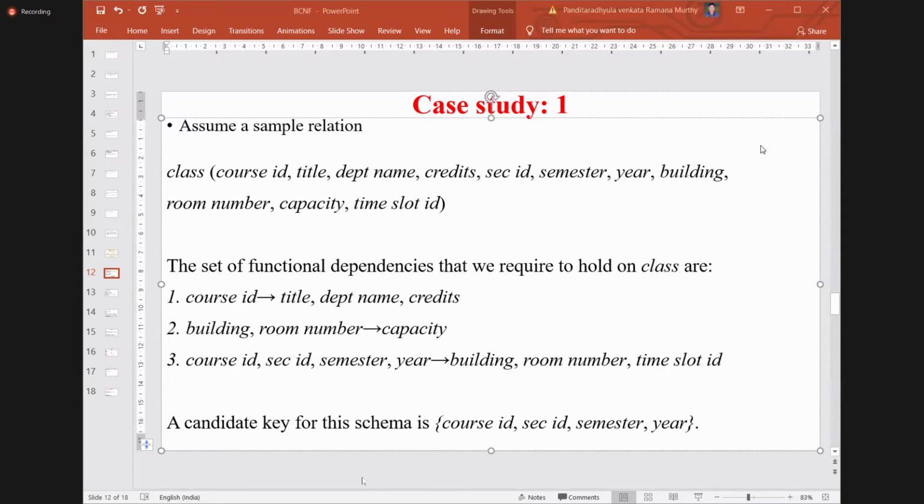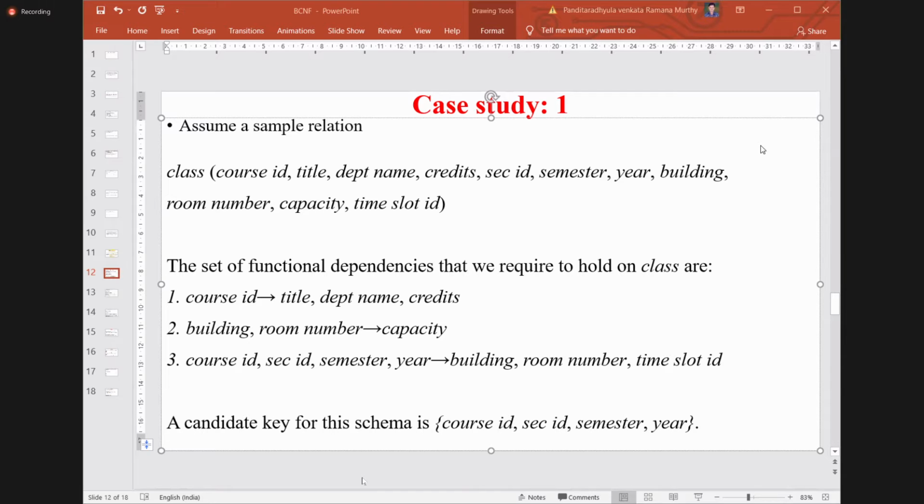But section ID is not related to the course. Section ID is the set of students who took that particular course. Section ID is not related to course ID directly. Similarly, semester and year also, because the course ID represents all semesters, all years, so it is not restricted to a specific semester or year.